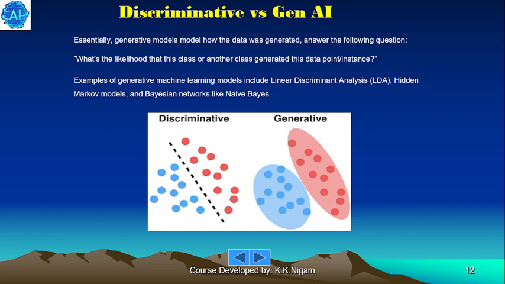Essentially, generative models model how the data was generated. They answer the following question: what's the likelihood that this class or another class generated this data point or instance? Examples of generative machine learning models include linear discriminant analysis, that is LDA, hidden Markov models, and Bayesian networks like naive Bayes.